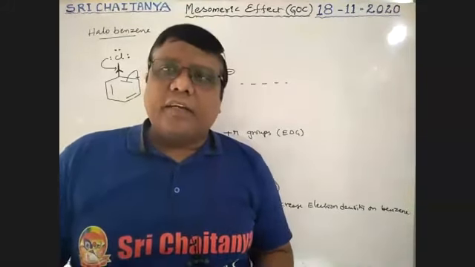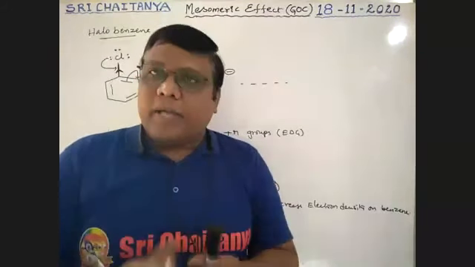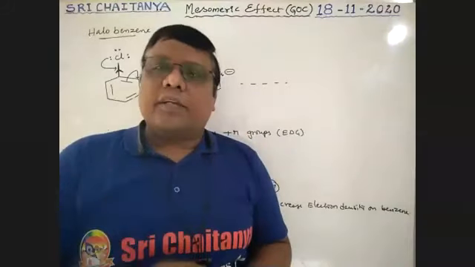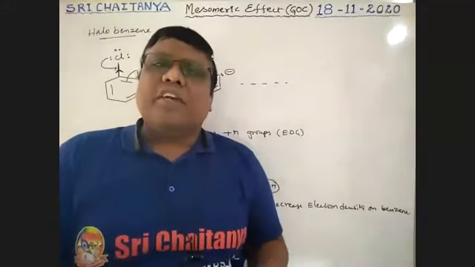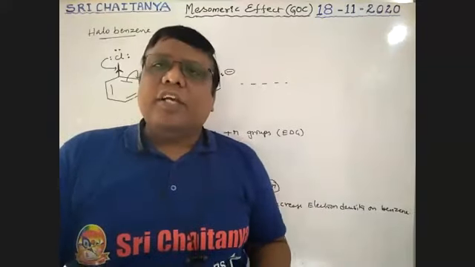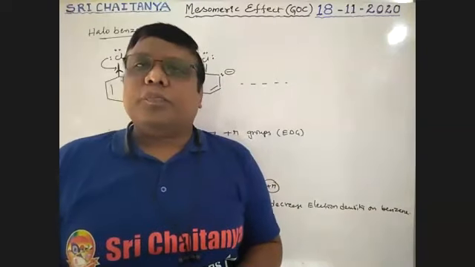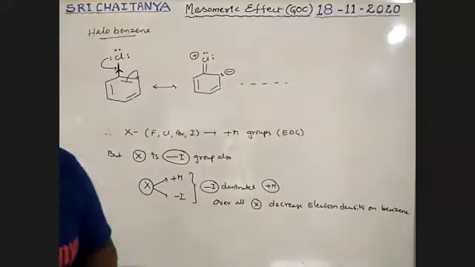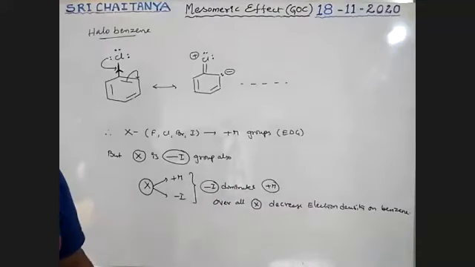No doubt plus M is there, but minus I is also there. Minus I dominates plus M, so the minus I effect is a little bit more. Because of that, it seems to be electron withdrawing. It is in case of halogens. Is there any doubt? It is very, very important.